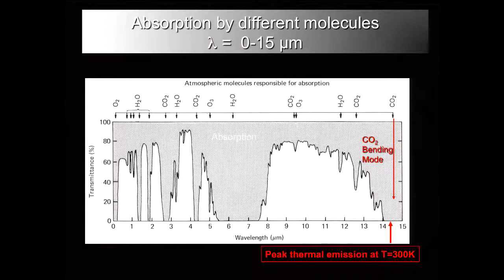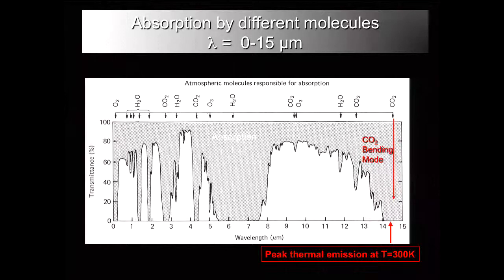Now, who cares? Well, it turns out, if you remember thermal emission, remember the idea is that something that's warm emits light at all wavelengths, and there's one wavelength at which the emission peaks, a wavelength at which most of the thermal emission comes out. And that turns out to be right here between 14 and 15 microns.